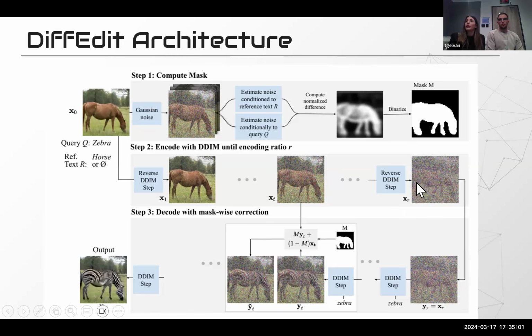And then we feed this latent x_R into the decoder, keeping the background as is, and inside the mask, I condition on the query, which is the object to be edited.